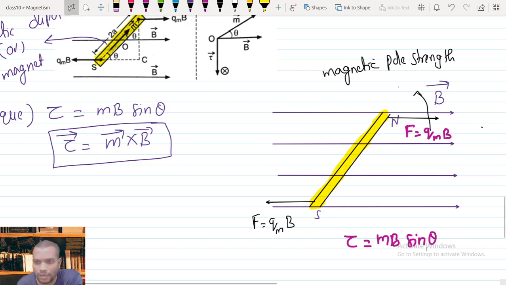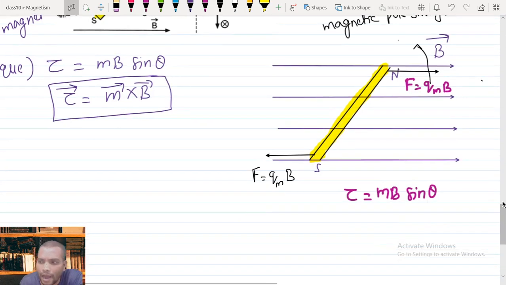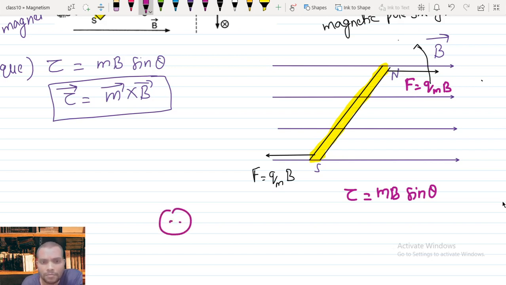Suppose I do external work, suppose the dipole is rotated against the action of its torque, if I am doing work. So what is my work? My work is to rotate the dipole against the action of torque.